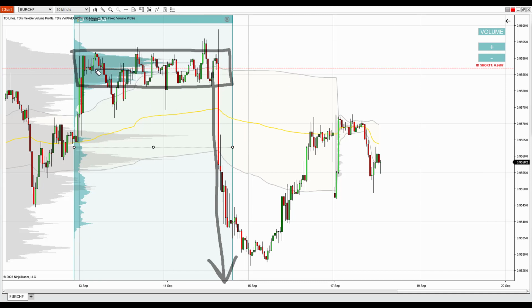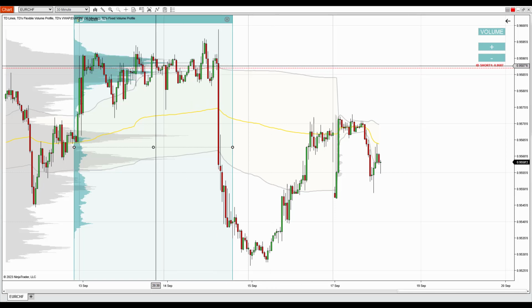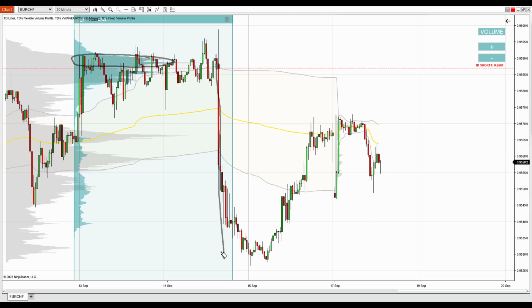So you can see there were two heavy volume zones very close to each other. I picked the higher one to trade from because the higher one is closer to the beginning of this very strong and aggressive selling activity. This is the beginning of that heavy volume zone, and that's the resistance at 0.9587.